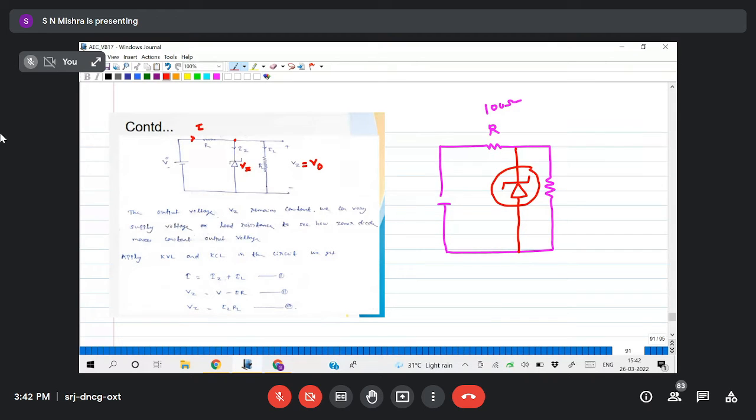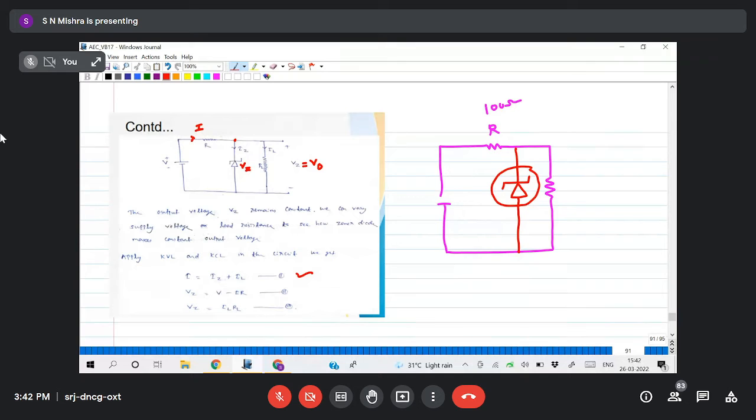Total input current is equal to total output current. I equals IZ plus IL. That is equation 1. The total source current is divided into load current and Zener current.